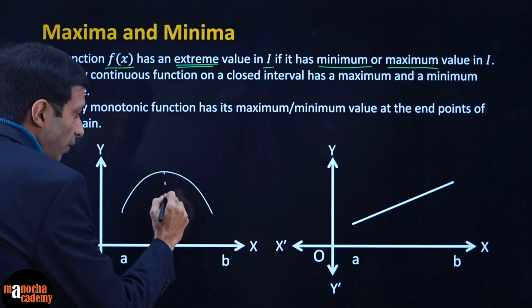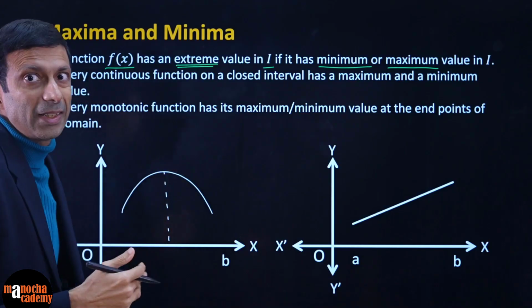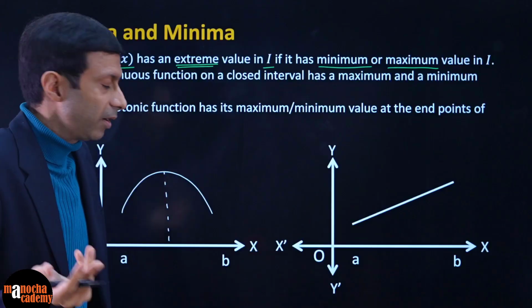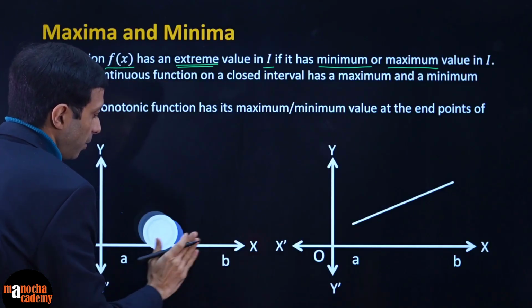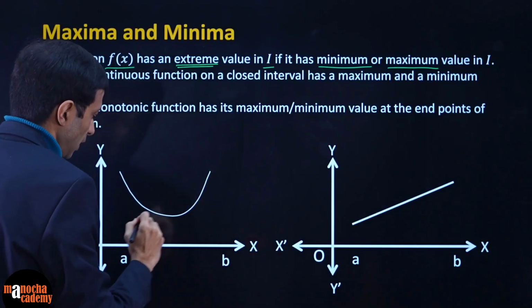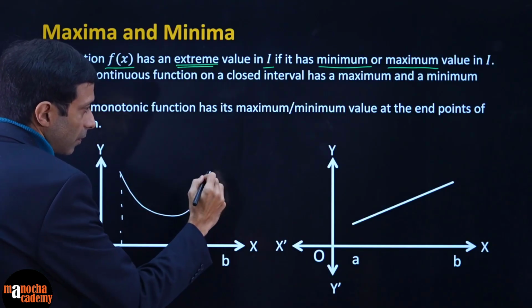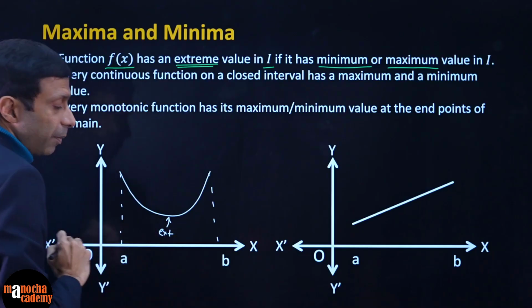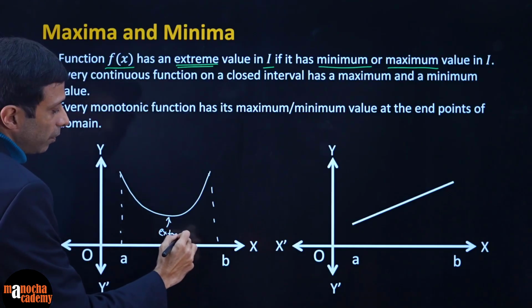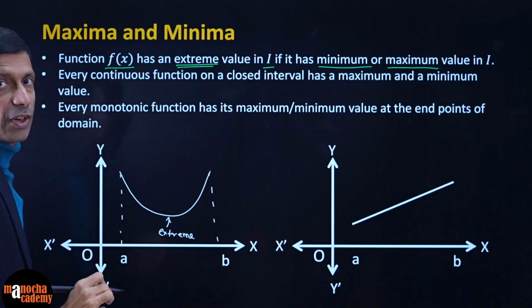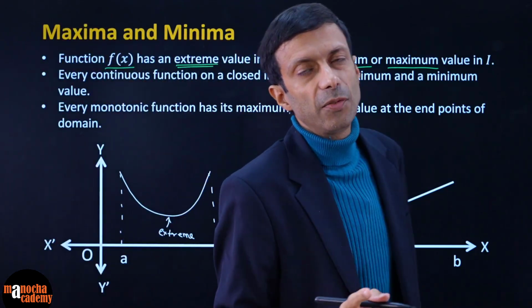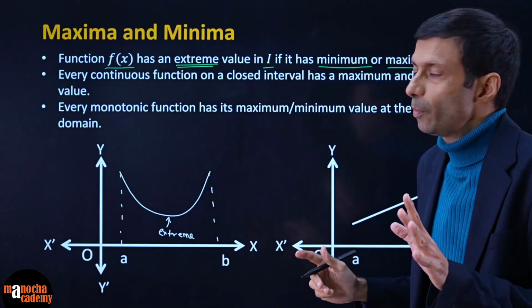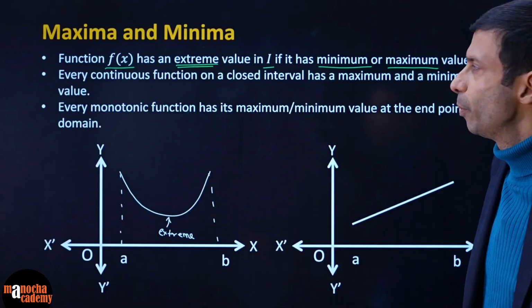Here the maxima can also be called its extreme highest value. Or it could be a minima kind of function in this interval. Then clearly this is the extreme value, which is the minima. So if a function is having an extreme in an interval, then it must have at least one minima or maxima. That's just a simple point.